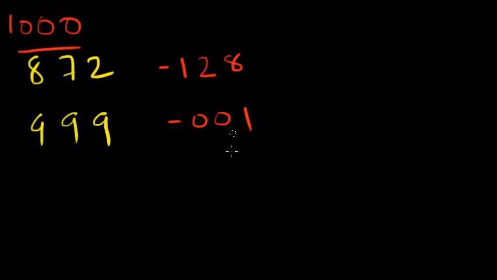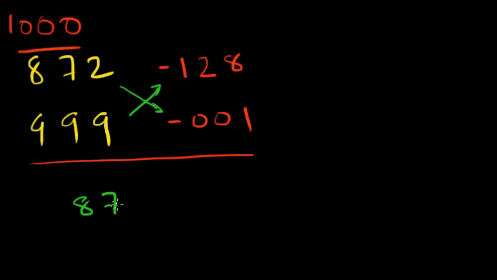It's going to be 1. Same thing, we're going to subtract this one or this one. So we get 871. And 128 into 1 is 128. There's your answer, 871128.